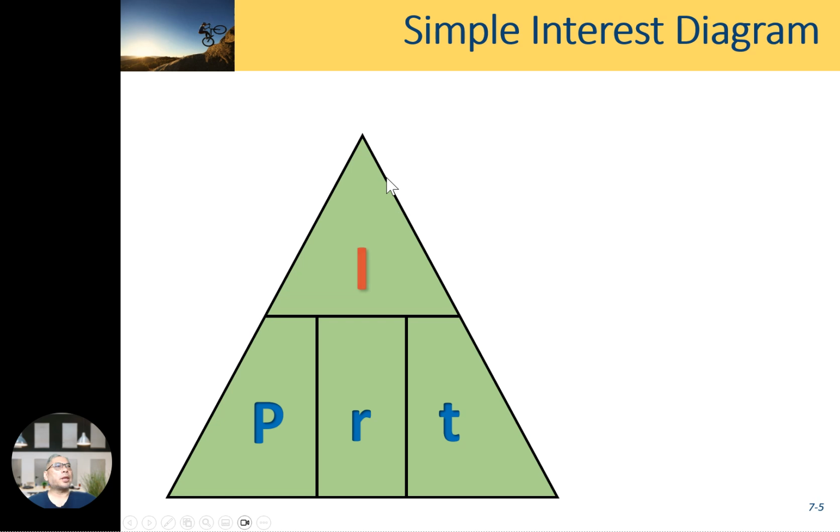We're going to look at the simple interest diagram. Here I is at the top of the diagram, and PRT below. The formula is I equals principal times rate times time.